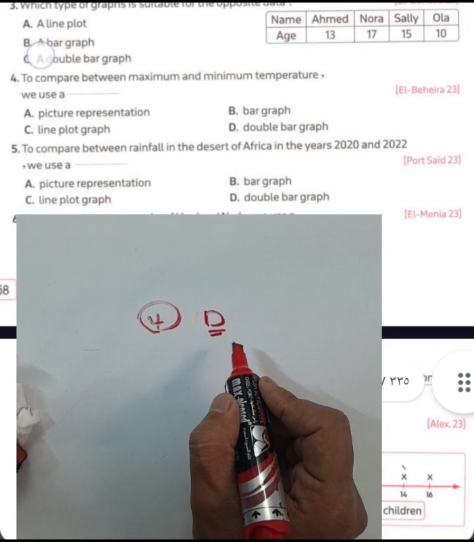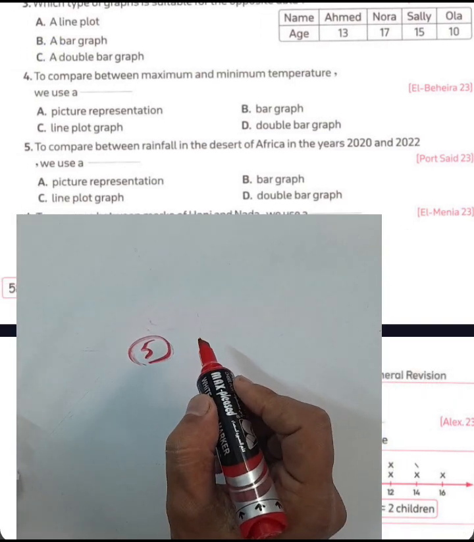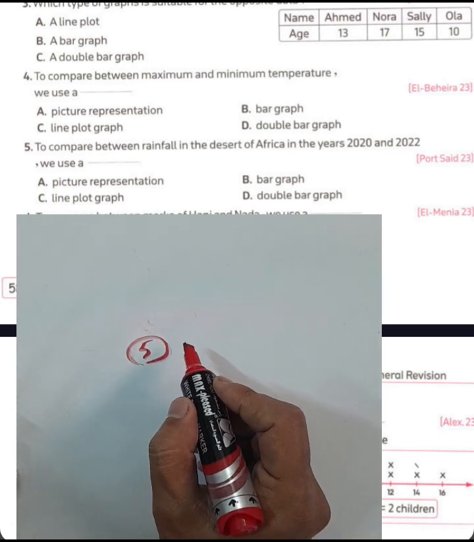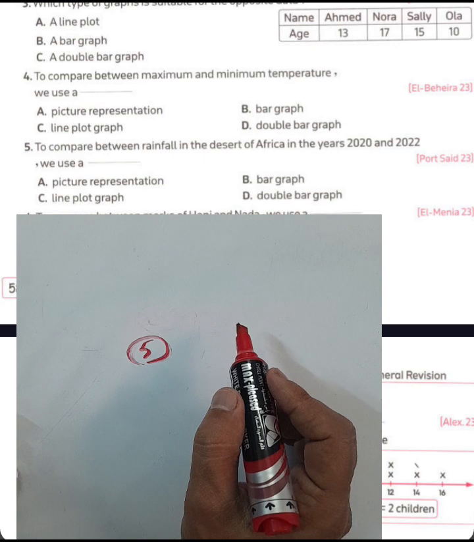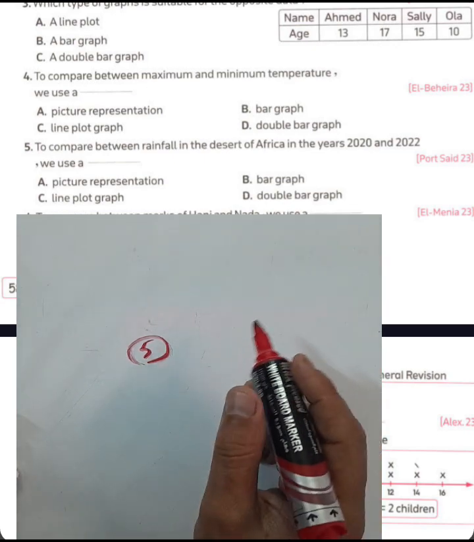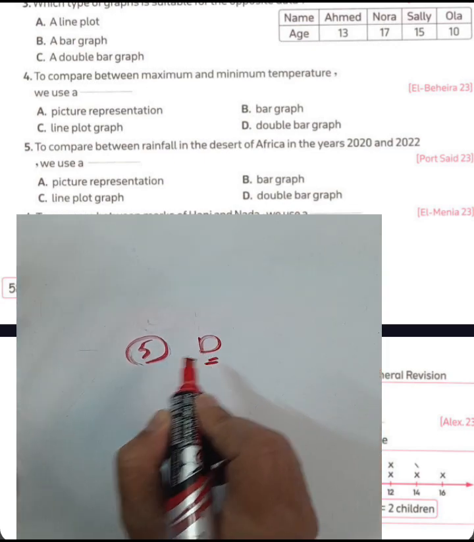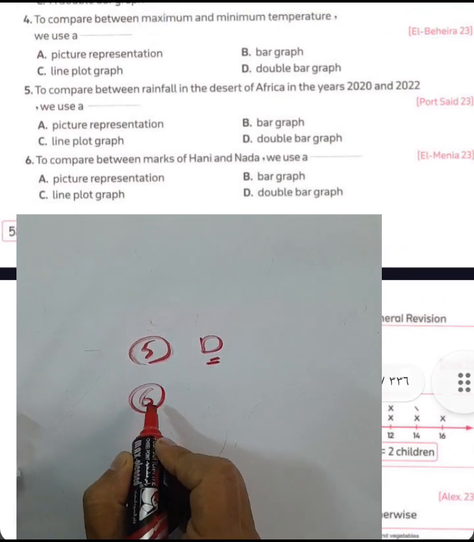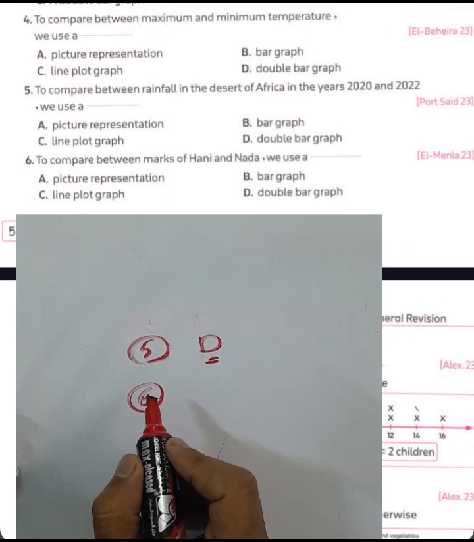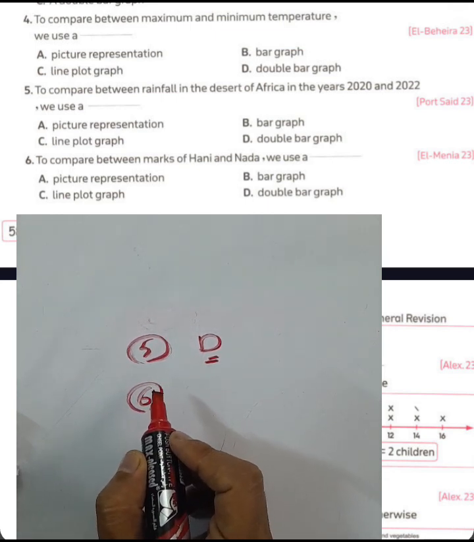Question number 5. To compare rainfall in the desert of America in the years 2020 and 2022, we can use a double bar graph again. Choose letter D, double bar graph. Question number 6. To compare between the marks of Hani and Nadi, we use what? I think the double bar graph again.